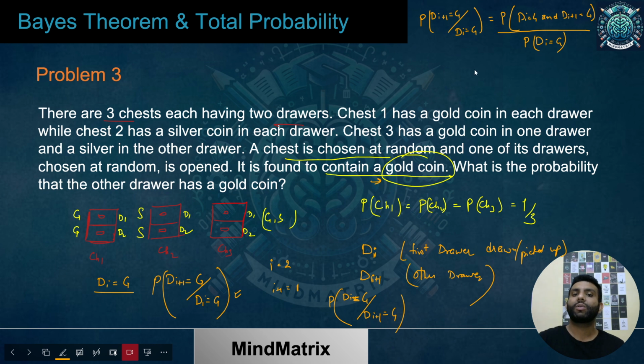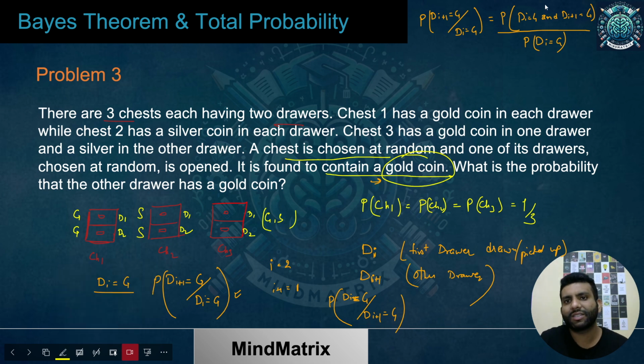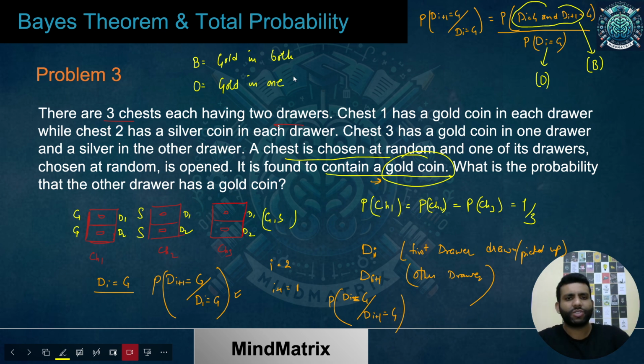Now how can I calculate that? Let me represent it with event B and event O. B means gold in both, and O means gold in one, because I don't know which drawer I have picked up. It can be the first drawer or the second drawer.